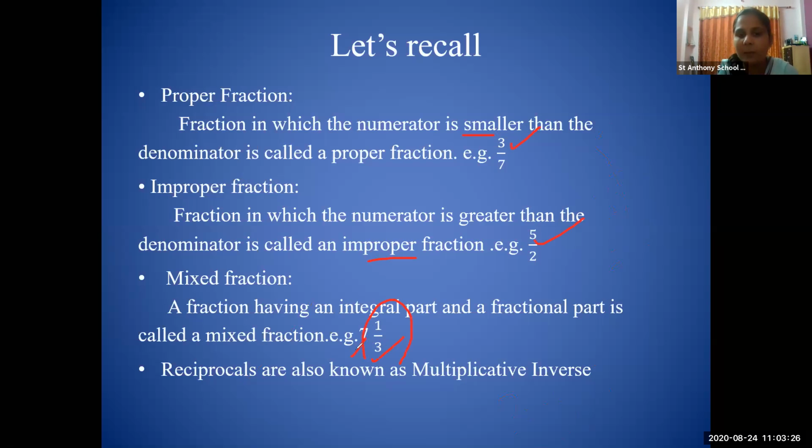So if an integral part and a fractional part are there, that is known as a mixed fraction. And reciprocal means what? Multiplicative inverse, exactly invert, that is known as multiplicative inverse. Okay. Now let's move to another slide.